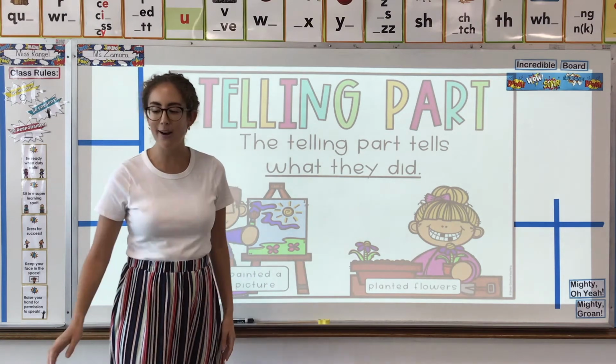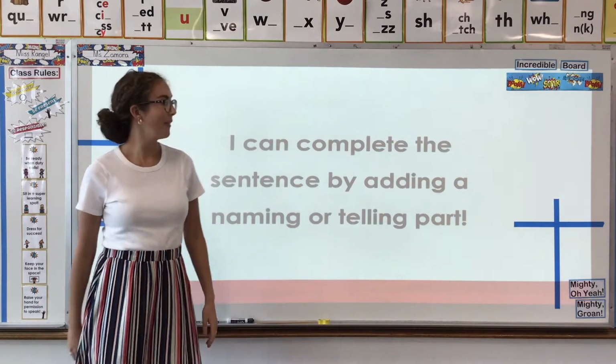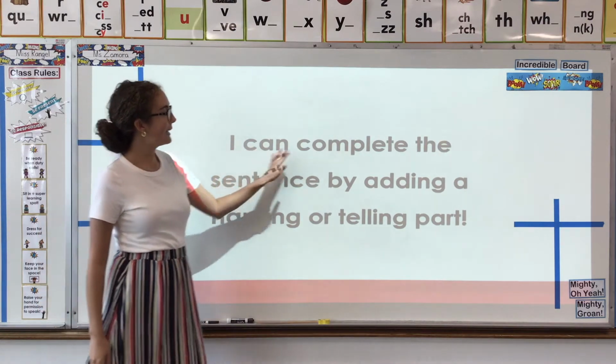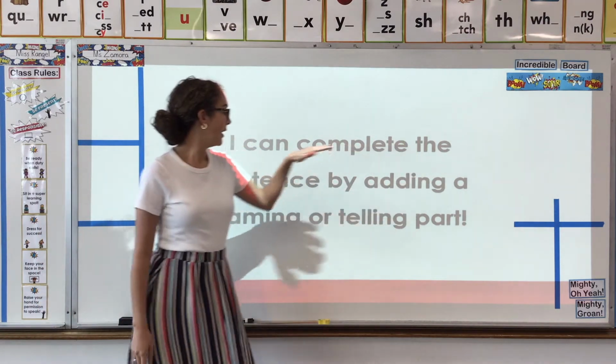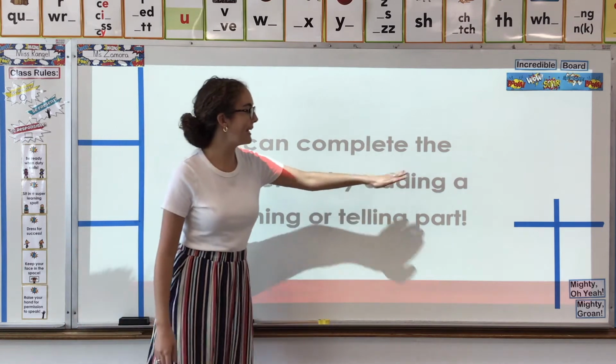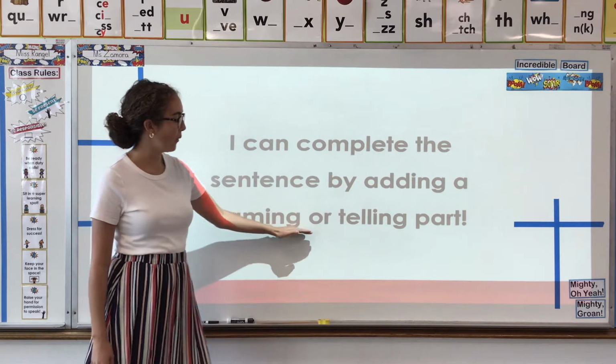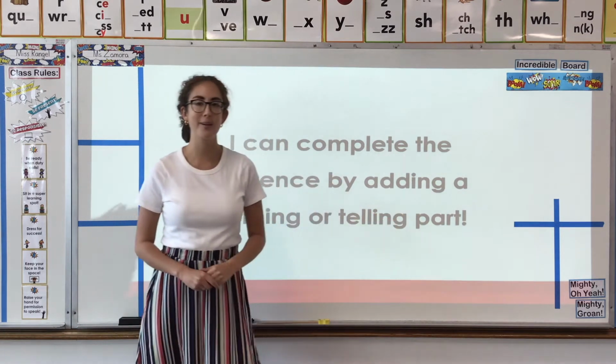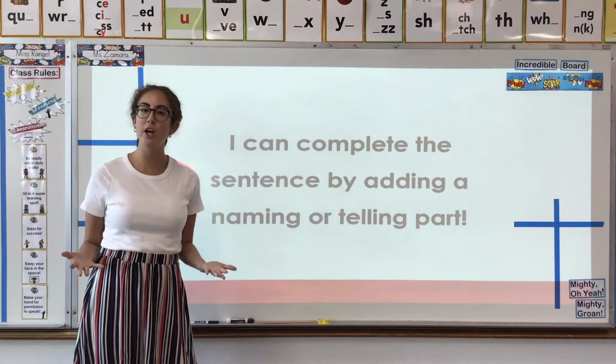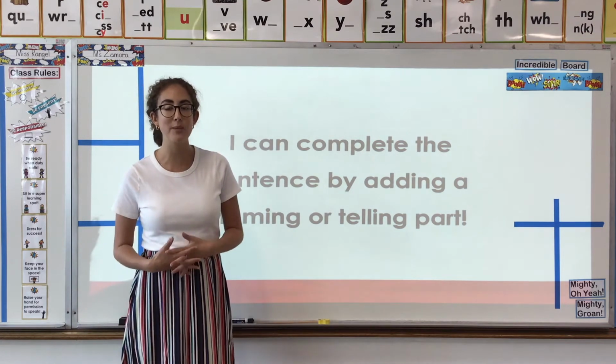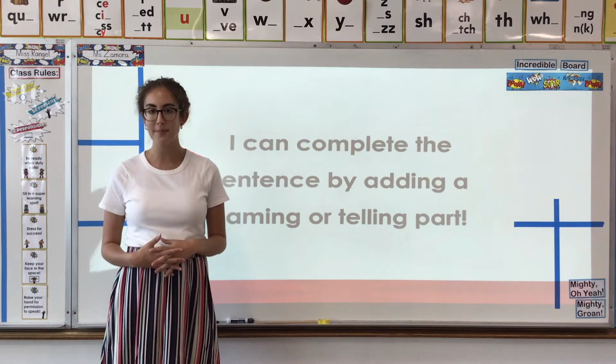So let's check out our learning goal for today. It says, I can complete the sentence by adding a naming or telling part. So today we are going to work on a skill that's going to help us when we're editing our own writing.